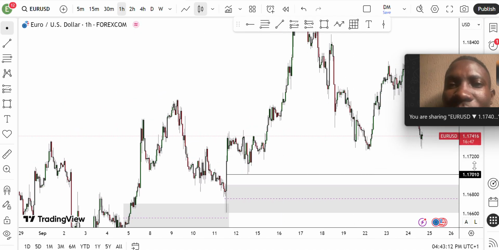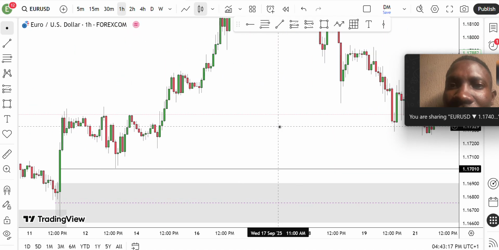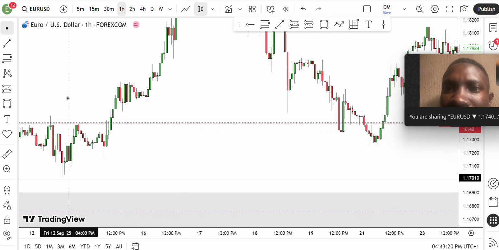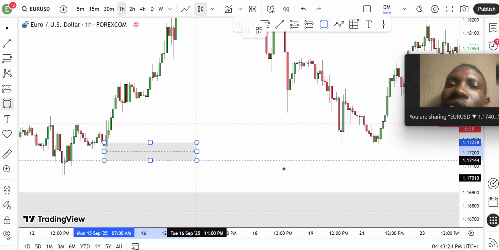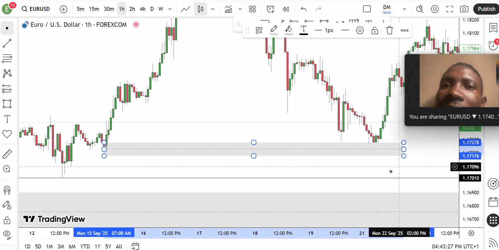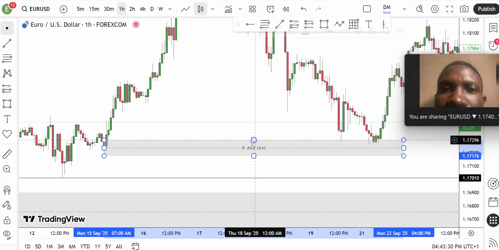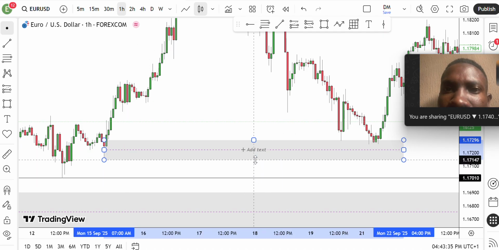Not really. The order block is the last sell candle before you buy. It can only be used once, strong entry after rejection. For example, this is an order block.